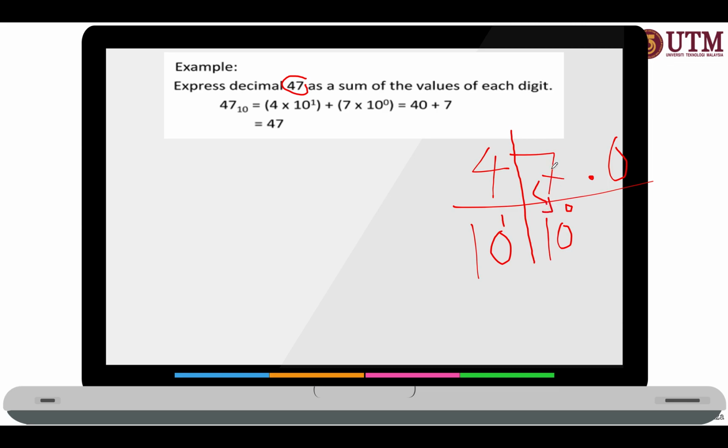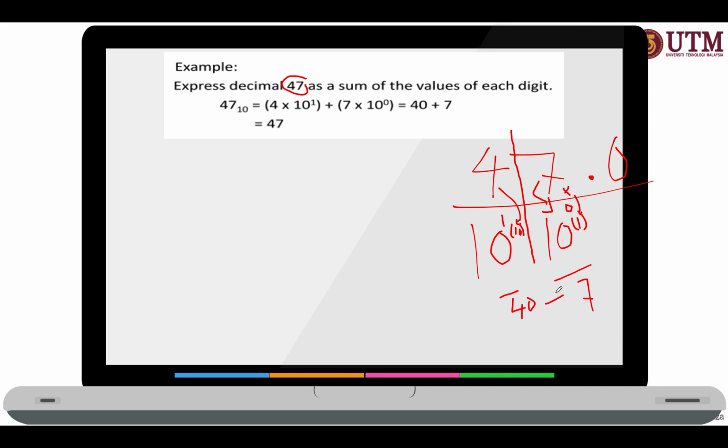Over here you have 7, so you multiply 7 with 10 to the power of 0. 10 to the power of 0 is 1. 10 to the power of 1 is 10. So 7 multiplied by 1, you get 7. 4 multiplied by 10, you get 40.